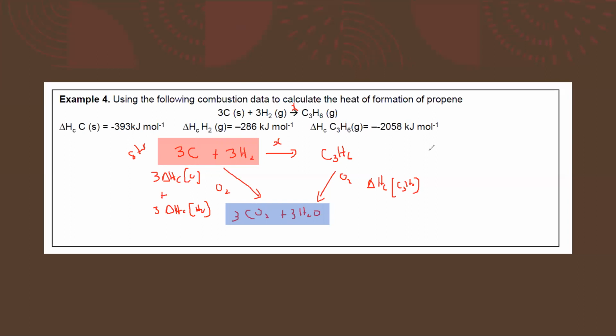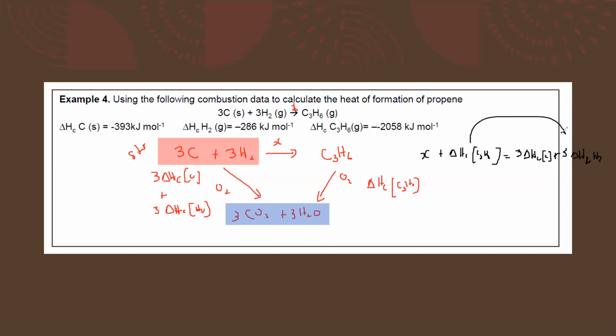So this will be X plus the standard enthalpy change of combustion of C3H6, which will give 3 times the standard enthalpy change of combustion of carbon plus 3 times the standard enthalpy change of combustion of hydrogen.